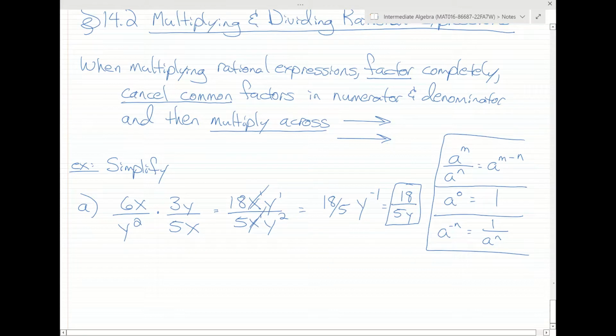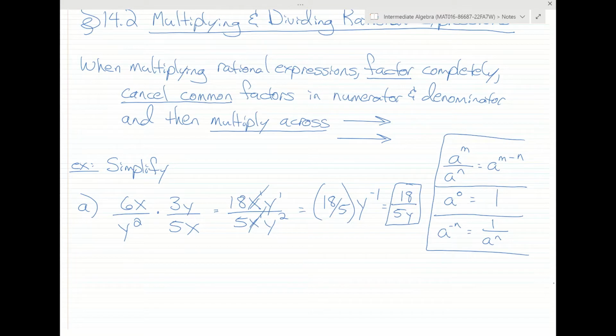So the 18/5 is its own thing. It doesn't have a negative power, so it's just 18/5. Another way to think about this is 18 over 5 times y to the negative first. Whenever you divide y to the first divided by y to the second, whatever that answer is, that's always on top.